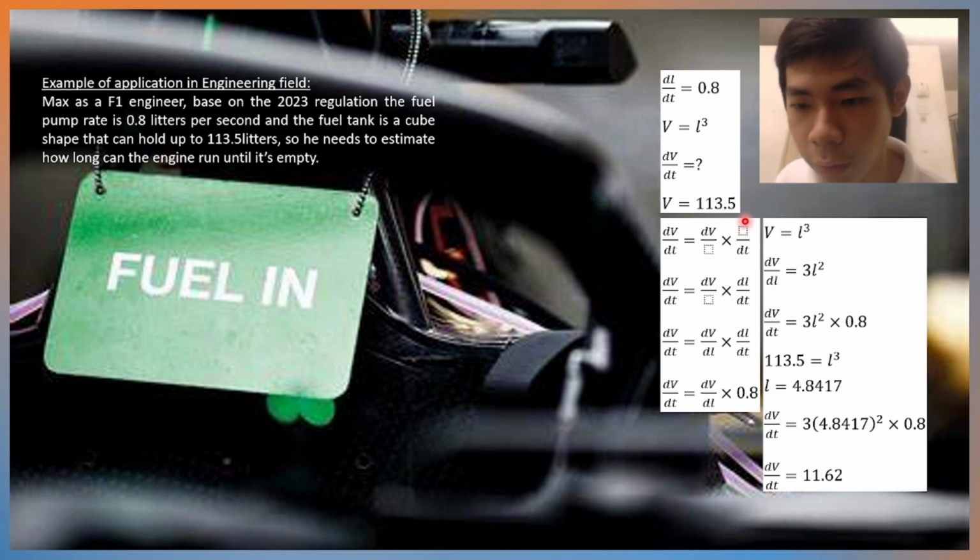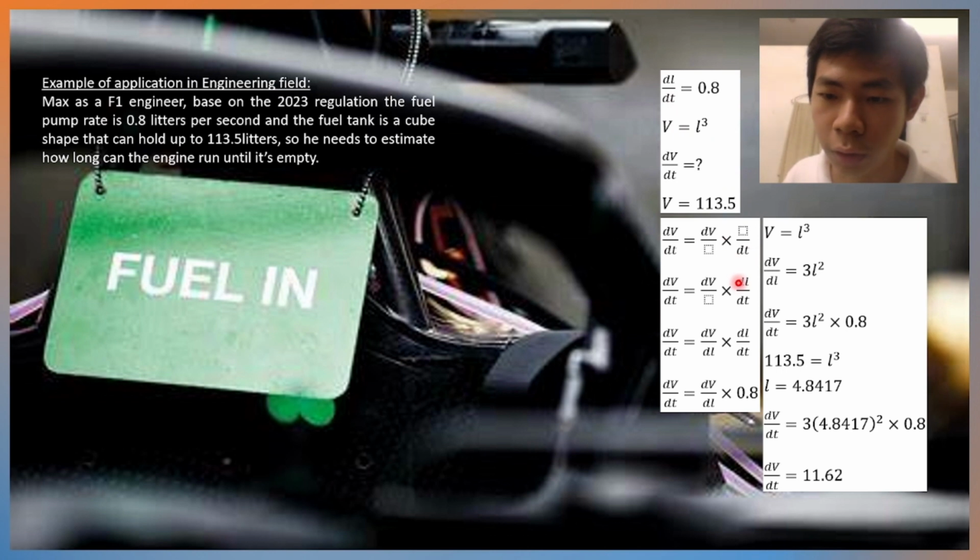The first thing you can find is a similar term from here to here. As you can see, you can find dt and dt, right? And dt has a value, so we just put dL into it, and if here is dL, the denominator will also be dL. Now we can get dV per dt equals dV per dL times dL per dt. Because we already have the value for it, we just substitute into it.